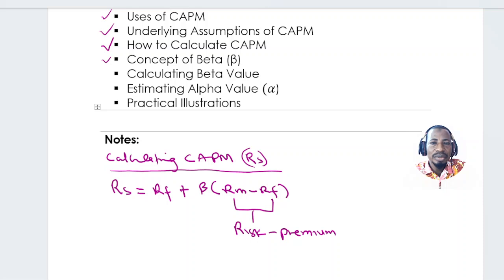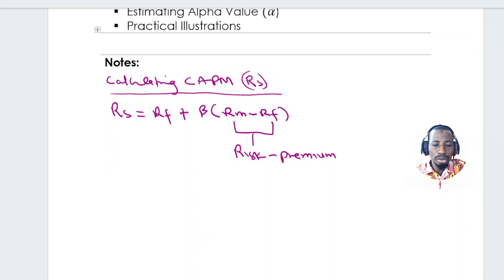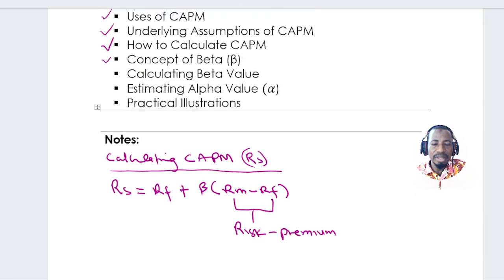Basically, there are three types of beta: positive beta, negative beta, and zero beta. The positive beta indicates that the return of the asset follows the same direction as that of the market. I repeat, positive beta indicates that the return of the asset follows the same direction as that of the market.